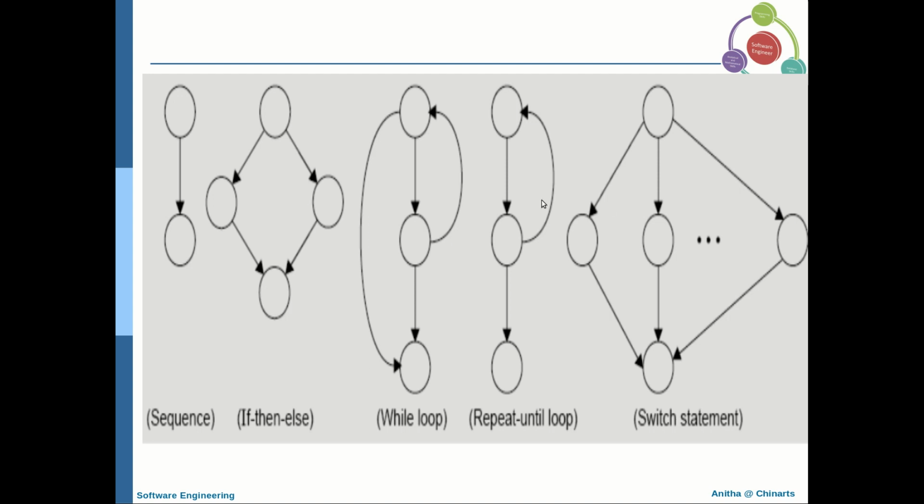So this is how you will have the control flow graph. These are the different notations you will be using in the control flow graph. For a sequence, you will have node 1 and node 2 with a directed edge. After executing the last statement of this node, it goes to the first statement of this particular node.